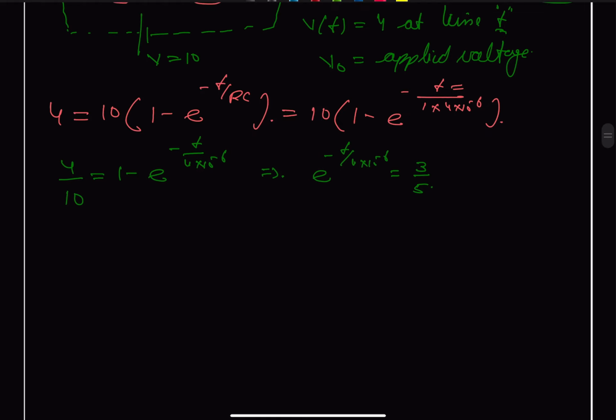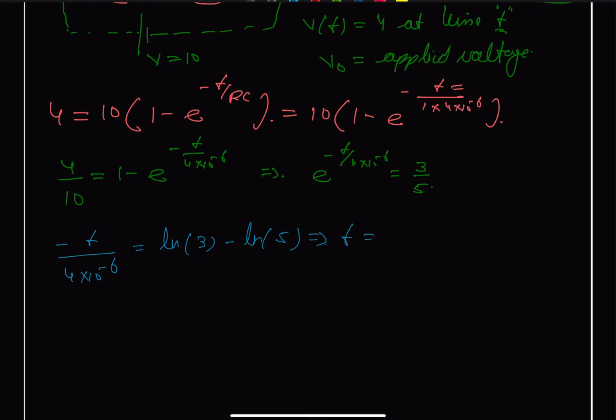We can further write minus t upon 4 into 10 to the power minus 6 is equal to natural log of 3 minus natural log of 5. The value is given to us, and from here we need to find out our t.